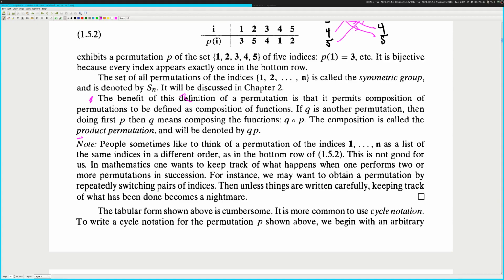For instance, we may want to obtain a permutation by repeatedly switching pairs of indices. Then unless things are written carefully, keeping track of what has been done becomes a nightmare. The tabular form shown above becomes cumbersome. It is more common to use cycle notation.